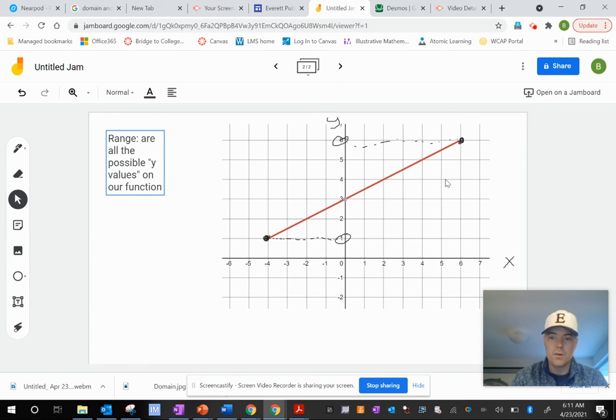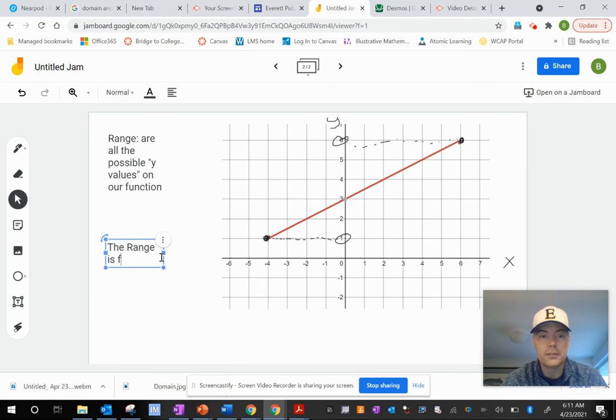Okay, so your y values are also known as your output values, right? And in this case, the range, specifically in our function right here, is from 1 to 6, or you could say y equals 1 to 6.